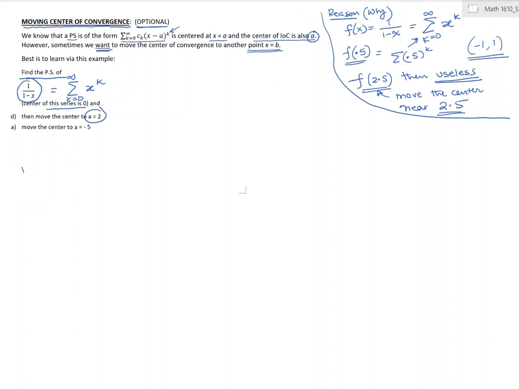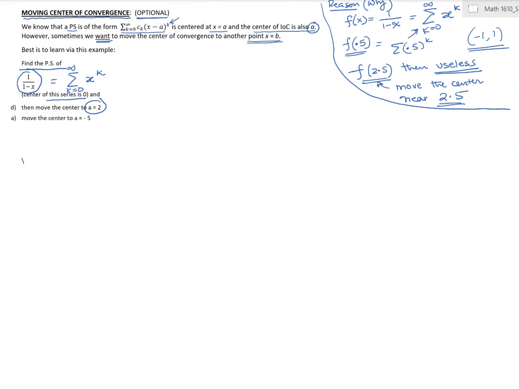So here is the trick. It's algebra basically. I have 1 over 1 minus x. Because I want the center to be 2, I want x minus 2 in this expression.